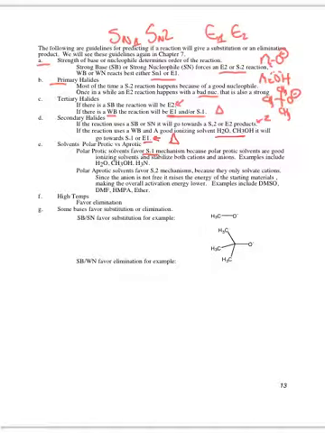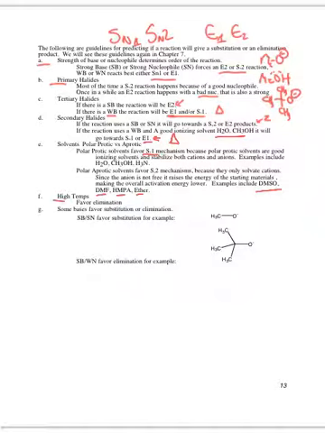A polar aprotic solvent favors SN2 mechanisms because they only solvate the cations. Since the anion is not free, it raises the energy of the starting materials, making the activation energy lower. Examples of this are DMSO, DMF, HMPA, and ether. Most of the time we'll see ether or THF as our solvent for this.